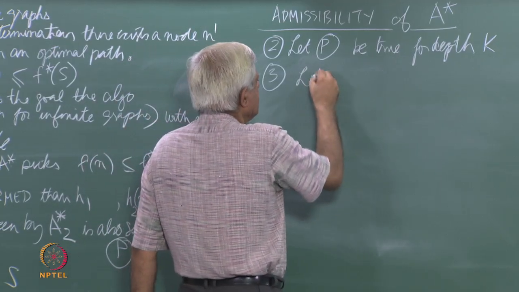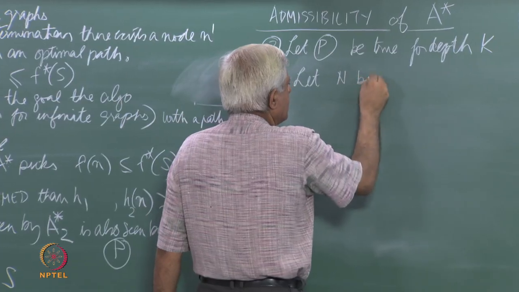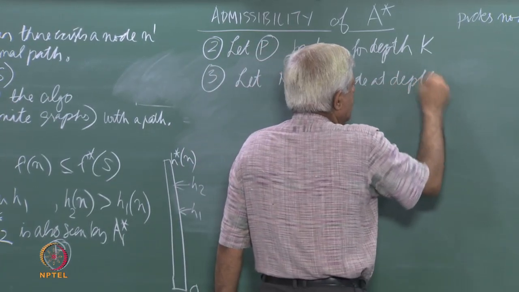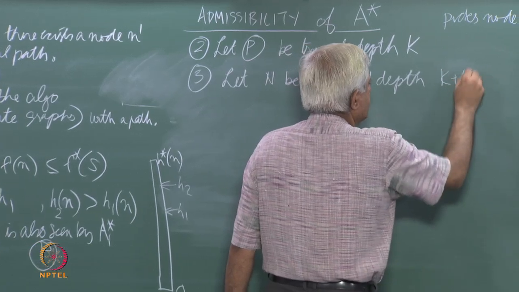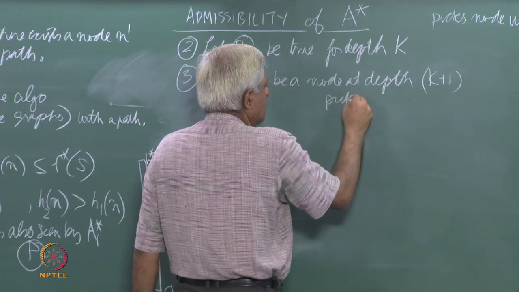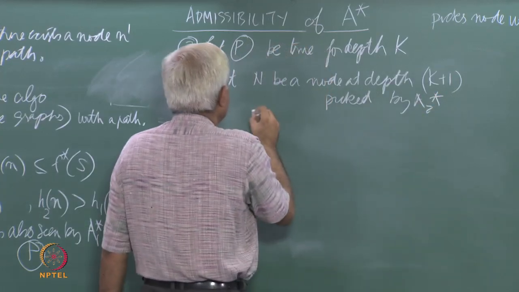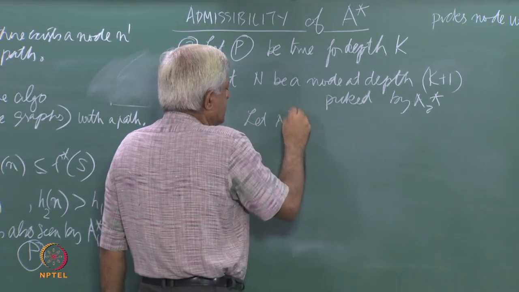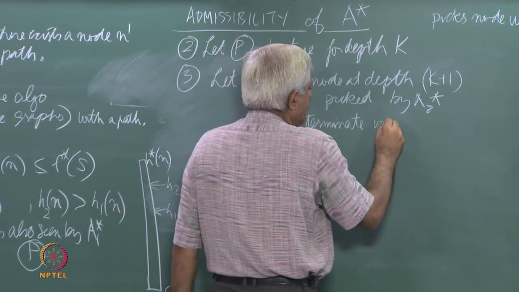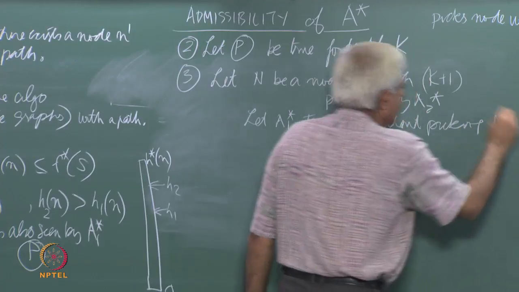So, let n be a node at depth k plus 1, which is picked by A2 star, and let A1 star terminate without picking n.